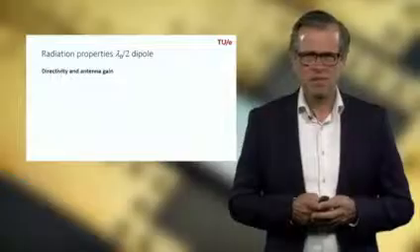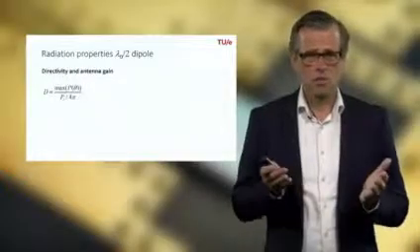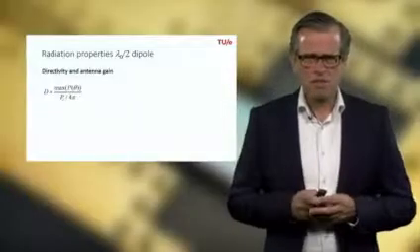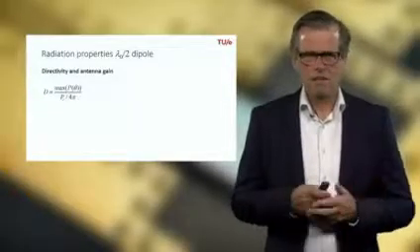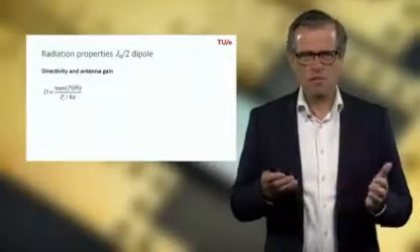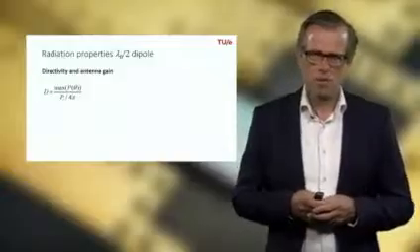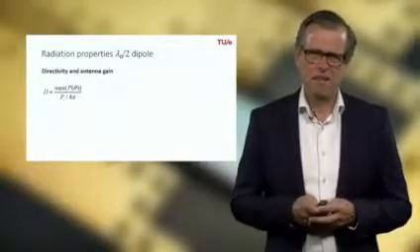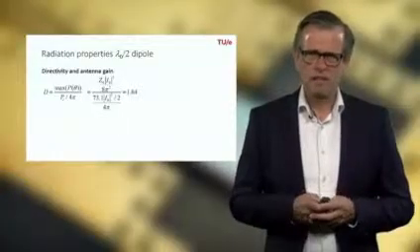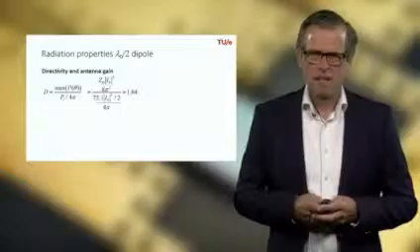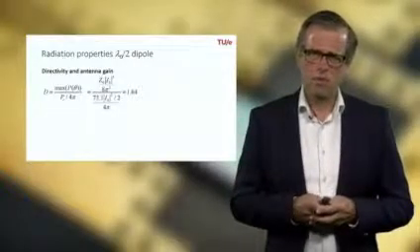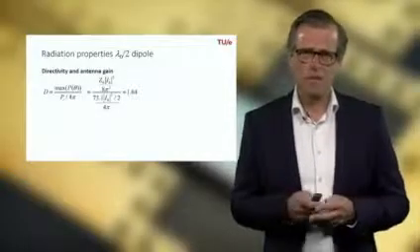Let's first look at the directivity and the antenna gain. The directivity was defined as the maximum of the radiated power density by this particular antenna divided by the power density that would be radiated by an isotropic antenna, where you put a total power PT in. Now, we calculate the total power. So in this way, we can calculate the directivity. It occurs at an angle of 90 degrees, and it's equal to 1.64 for the half wavelength dipole.